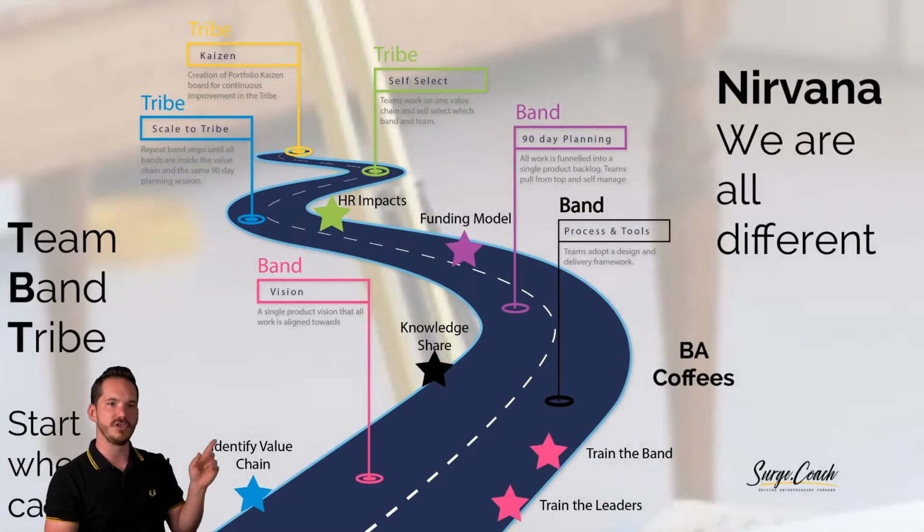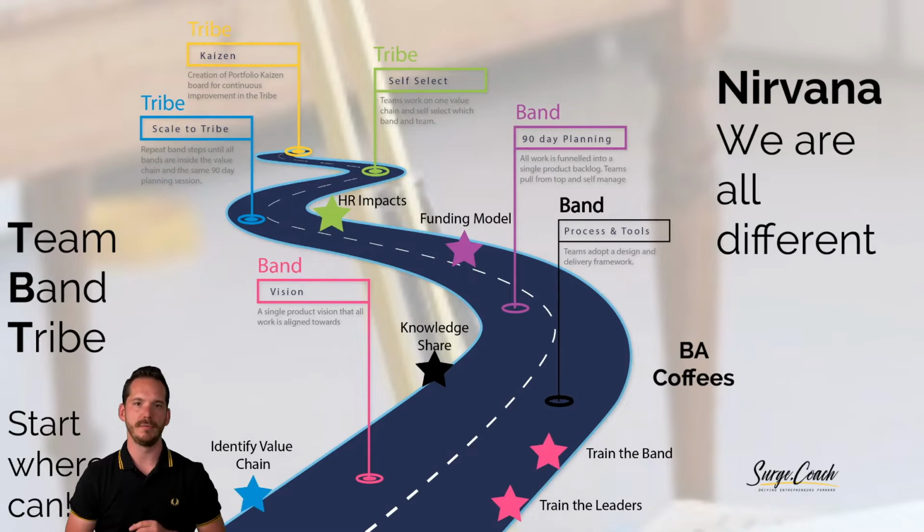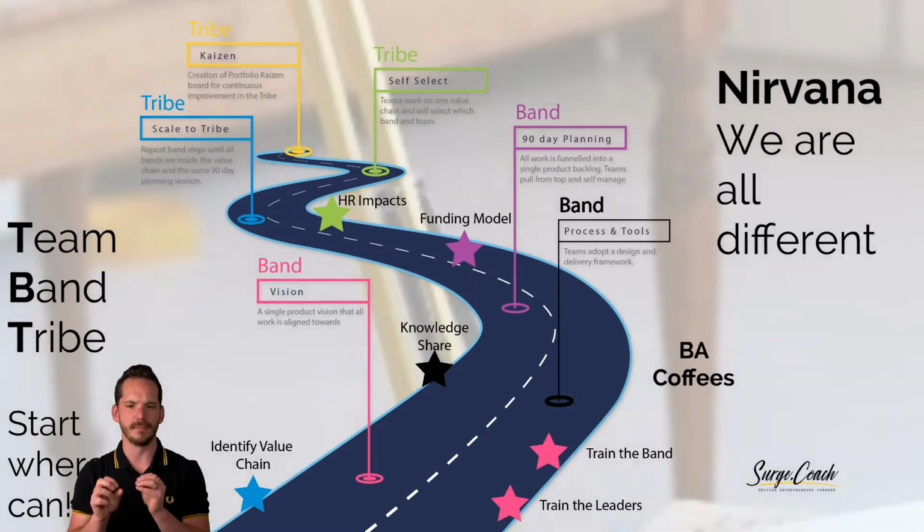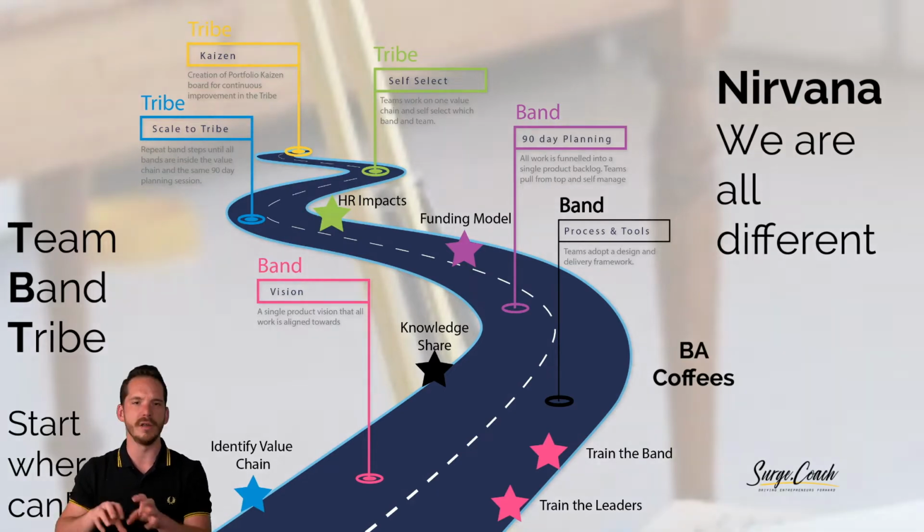I always say start where you can. Team, band, tribe is my preferred method. I like a really small pilot of just a team, just to test the waters to see what kind of processes and impacts happen over a few weeks. Then I like to move into a band.